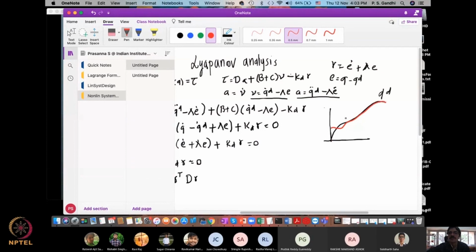This is the initial transient which will die down, and then it will very perfectly follow this trajectory. That's what it means that your error is driven to 0 for the tracking trajectory.